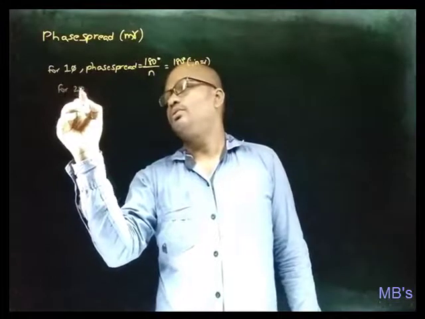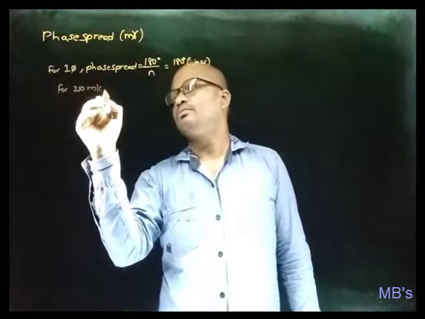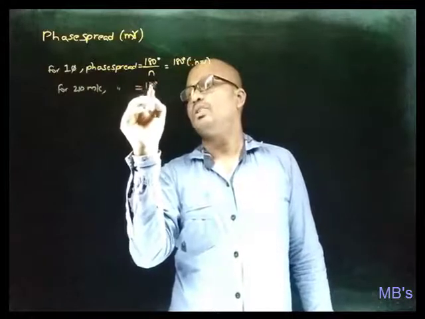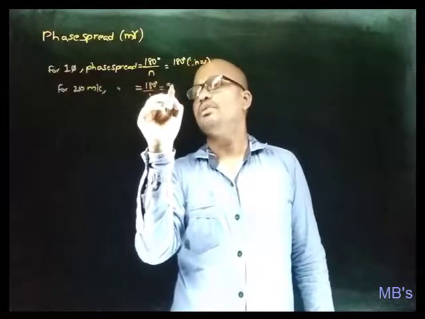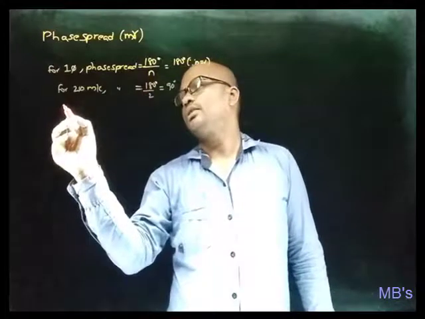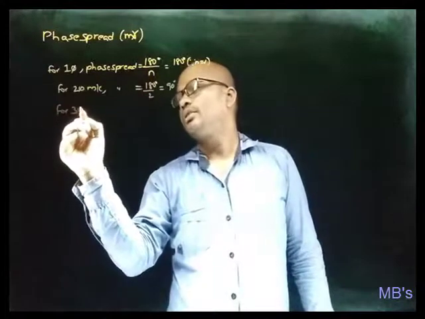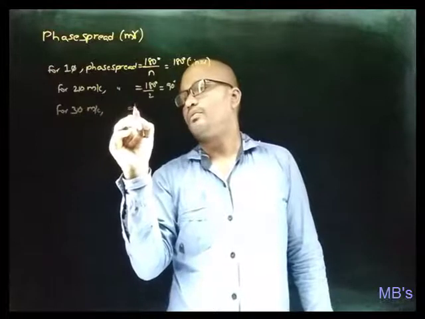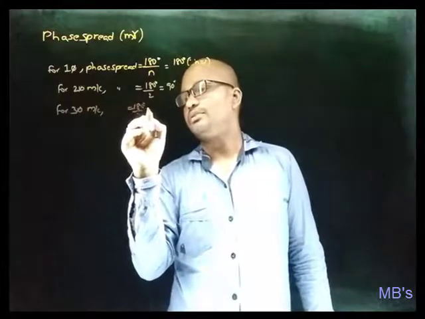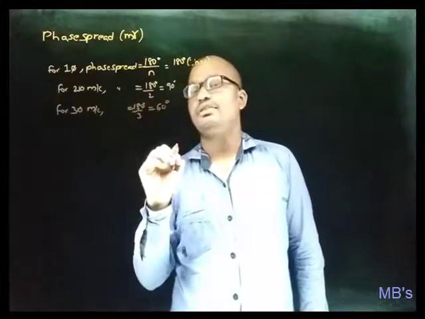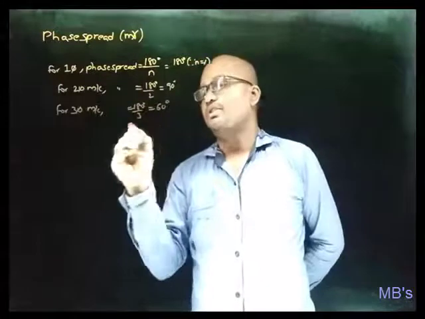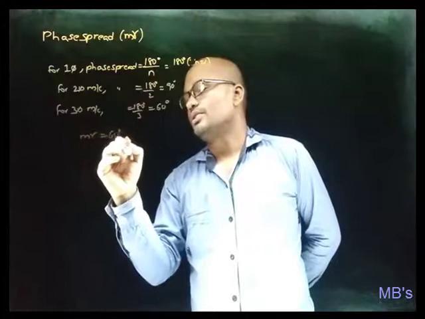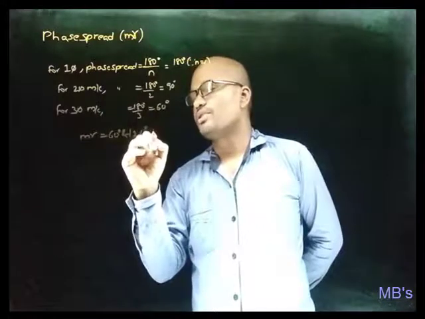For two-phase machine, phase spread is equal to 180 degrees by 2, that is equal to 90 degrees. And for three-phase machine, 180 degrees by 3, that is equal to 60 degrees. And for three-phase machine, phase spread of 60 degrees and 120 degrees is used.